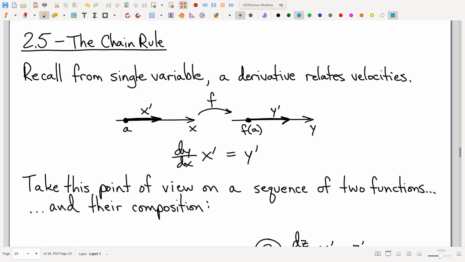The reason I do this is because I'm setting up an analogy. There is a particular narrow take, just a particular perspective. If you take this one particular perspective on the single variable chain rule, then I can say, check it out, the multivariable version is exactly the same. So this is a perspective that makes extending to the multivariable context super convenient.